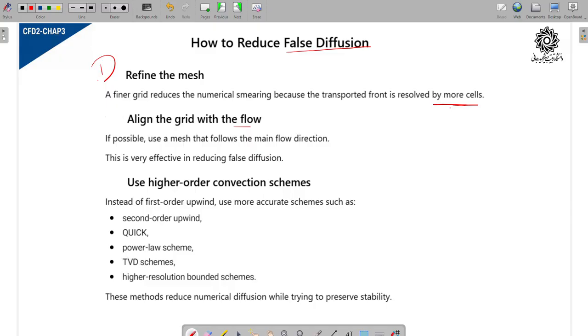Actually it is not always possible. We use unstructured grids that do not align the grid with the flow. This may be used in actual grid generation.